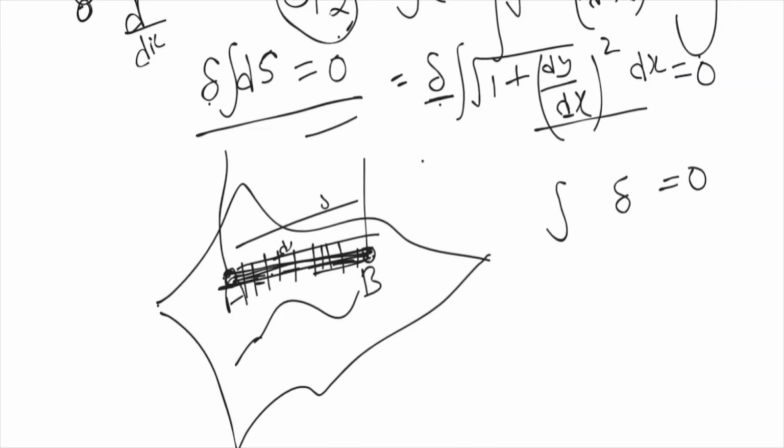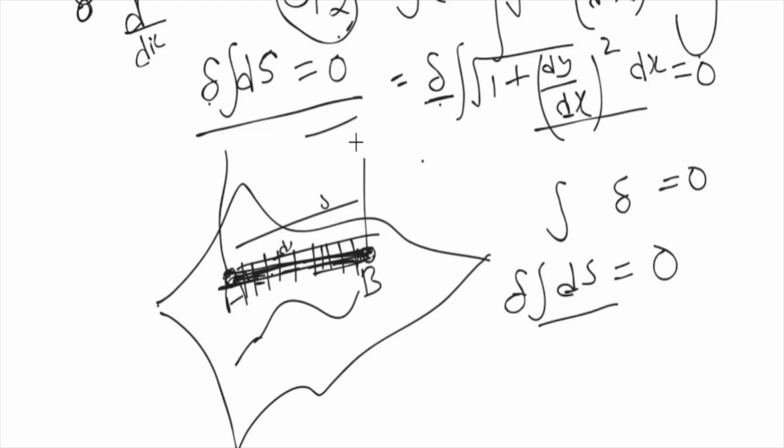Delta of ds is equal to 0. Delta integral. Why have we taken the integral? Because if we take small increments and add them, it will be the integral of ds. The total length will be the integral of ds, and the variation is equal to 0.